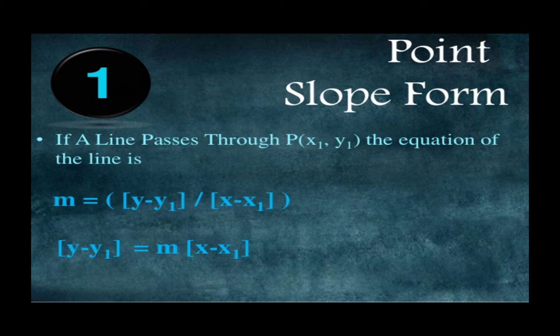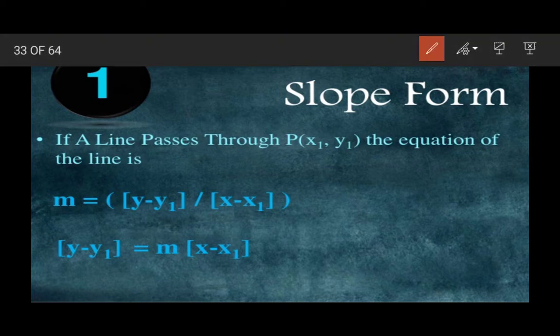First is the slope point form. In slope point form, the slope of a line is given. Suppose the slope of a line is m and one point P with coordinates x1, y1 is given.